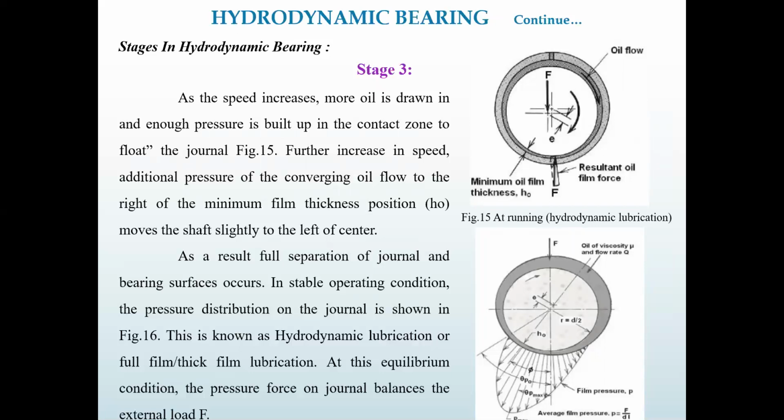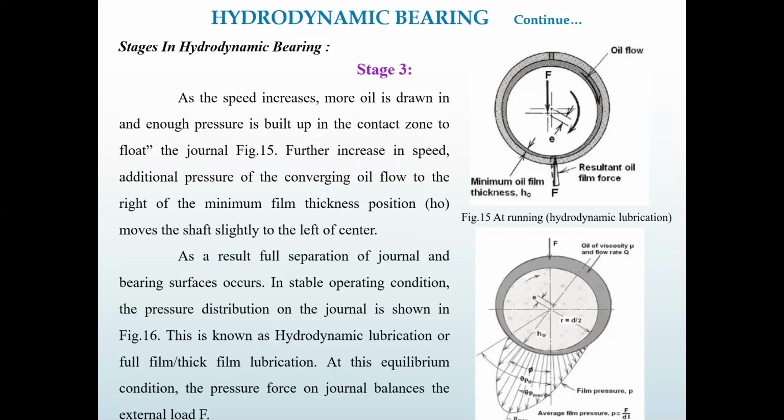Further increase in speed, the additional pressure of converging oil flow to the region of minimum film thickness, that is denoted by HO, moves the shaft slightly towards the left of the center, okay, which is not at a constant position. As a result of full separation of the journal and the bearing surface, which can occur over here.